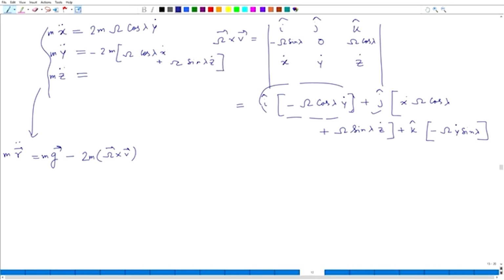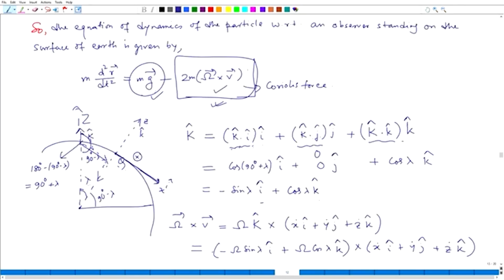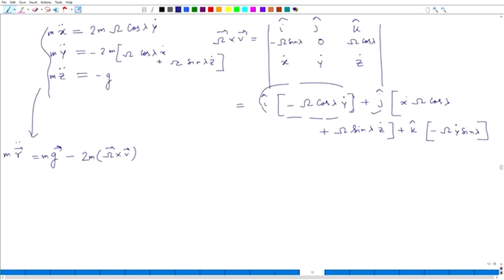And finally, for z double dot you will have minus g. You see here the small z direction and the capital R cap direction are the same. So you will have minus mg, plus 2m omega sin lambda y dot.